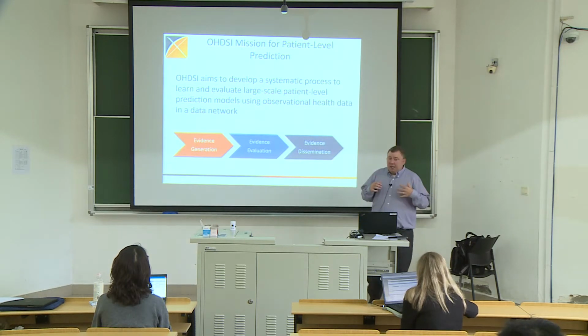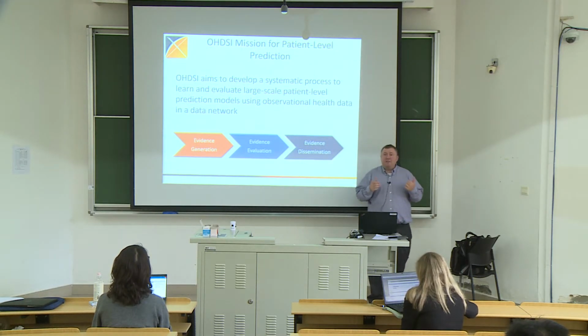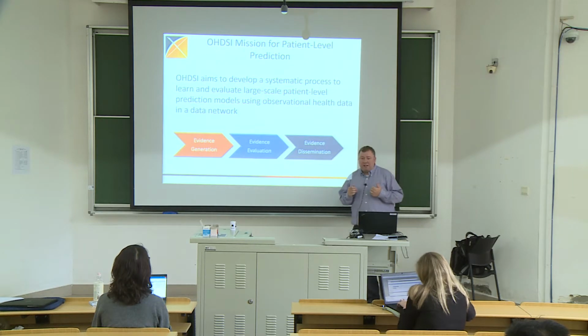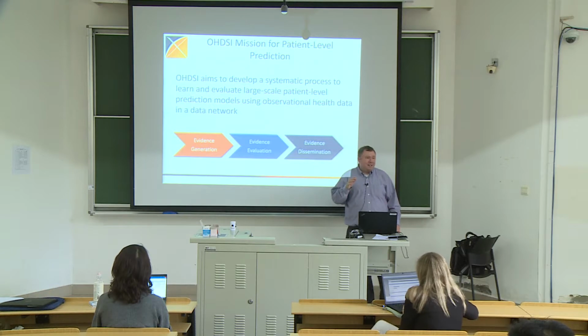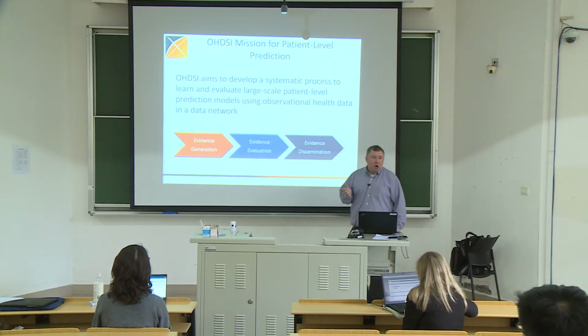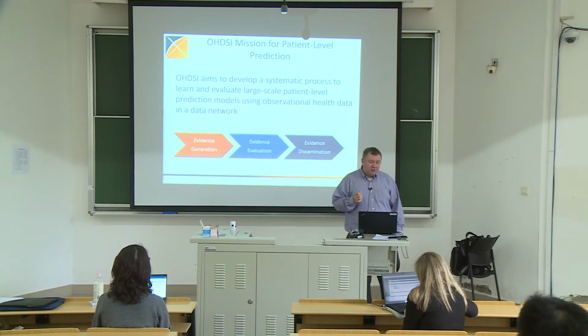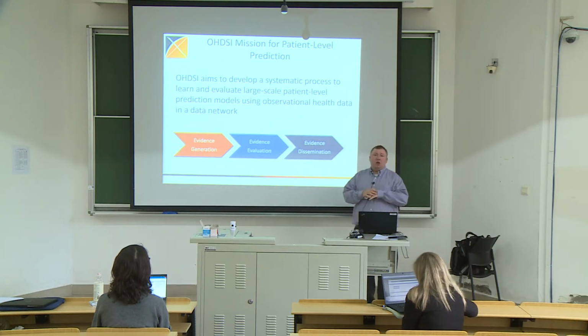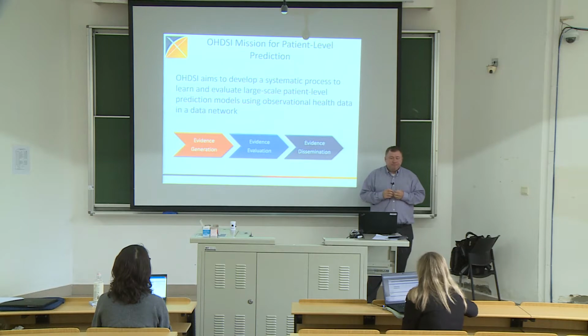So within OHDSI, we have a mission specifically focused on trying to advance patient-level prediction. And so our goal is to develop a systematic process that can learn and evaluate large-scale patient-level prediction models using observational data across a data network.